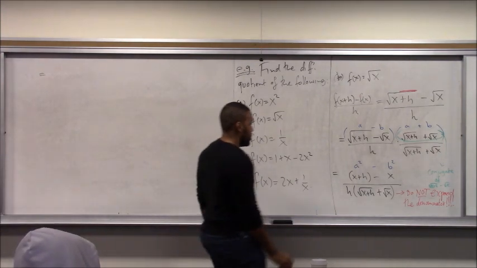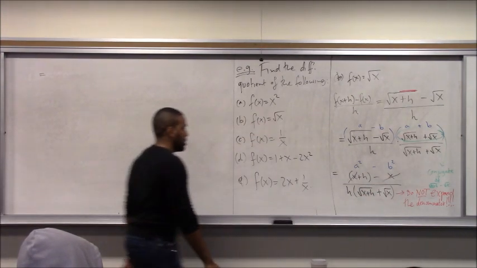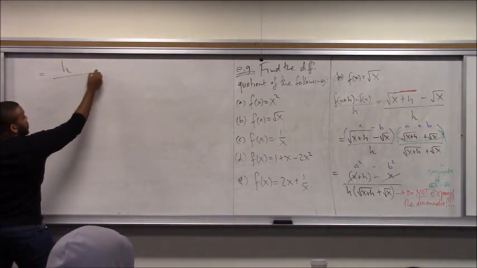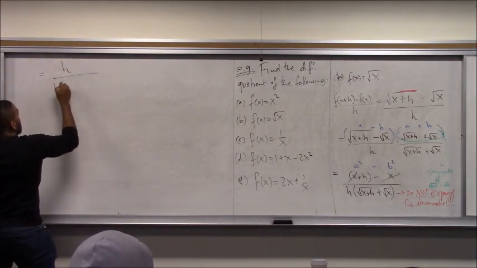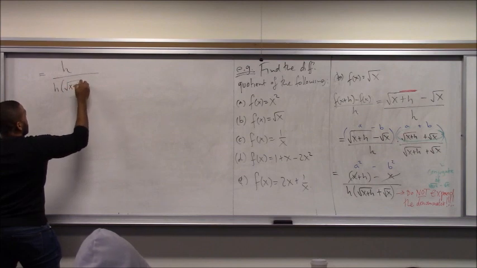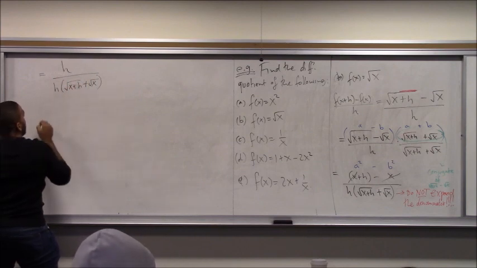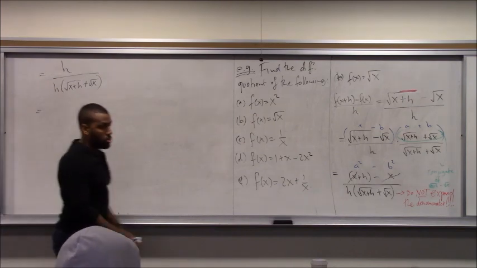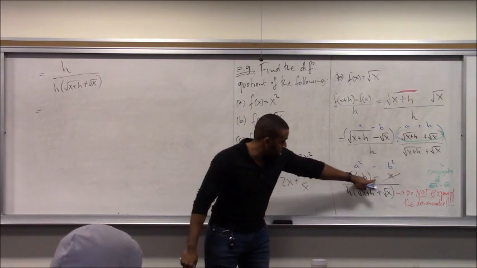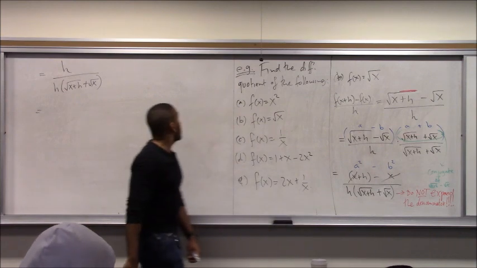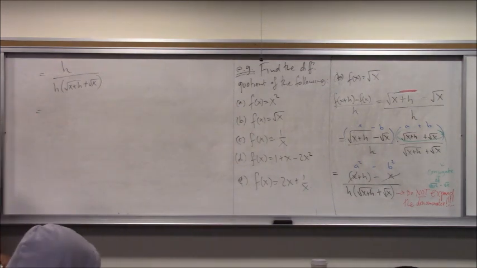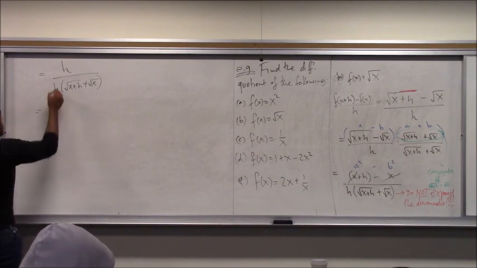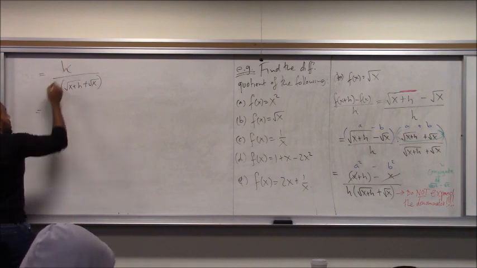Now what happens? x minus x. So we'll be left with h over the denominator. Wait, why did you cancel out the x's? Because we subtracted them. x minus x. Oh, so it's a subtraction, not a cancel. And now we can cancel because there's multiplication here, so we can cancel the h's.